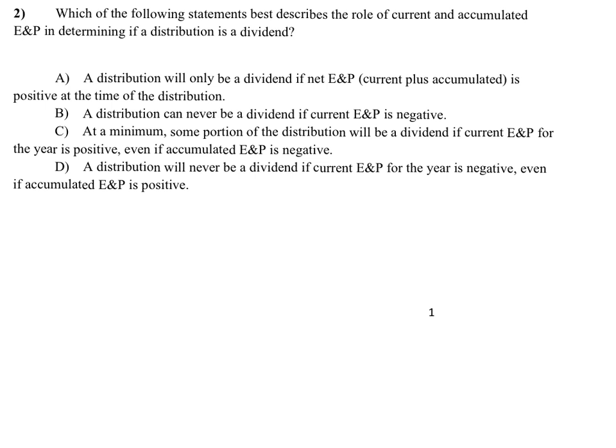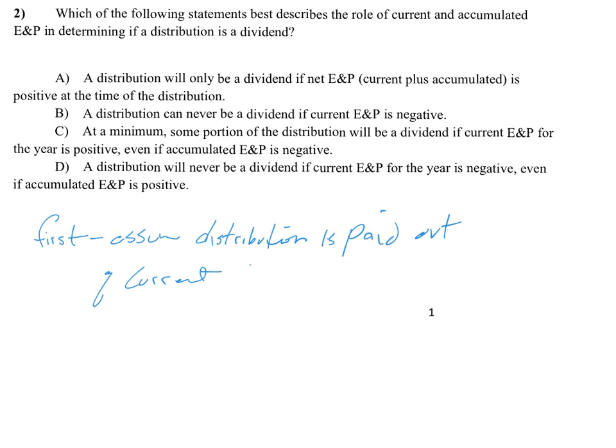All right, so remember, distributions are first treated as if paid out of current earnings and profits. So first, assume the distribution is paid out of current E&P.